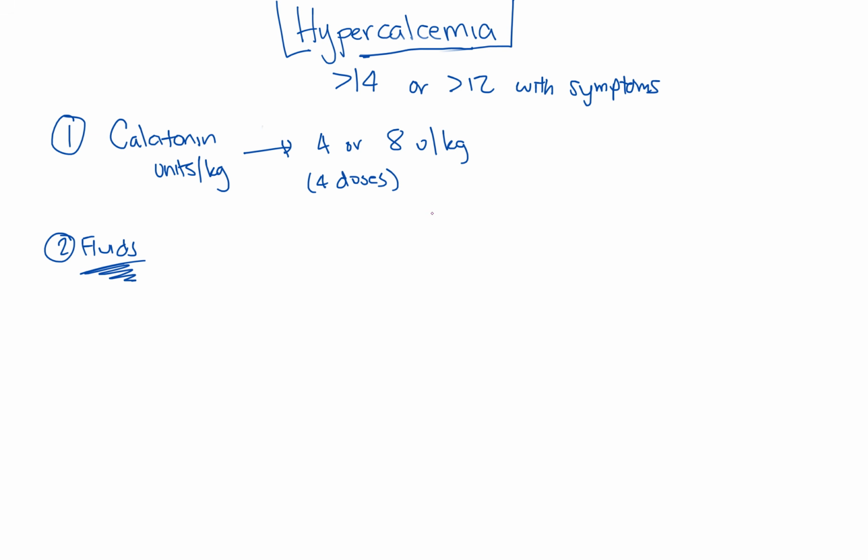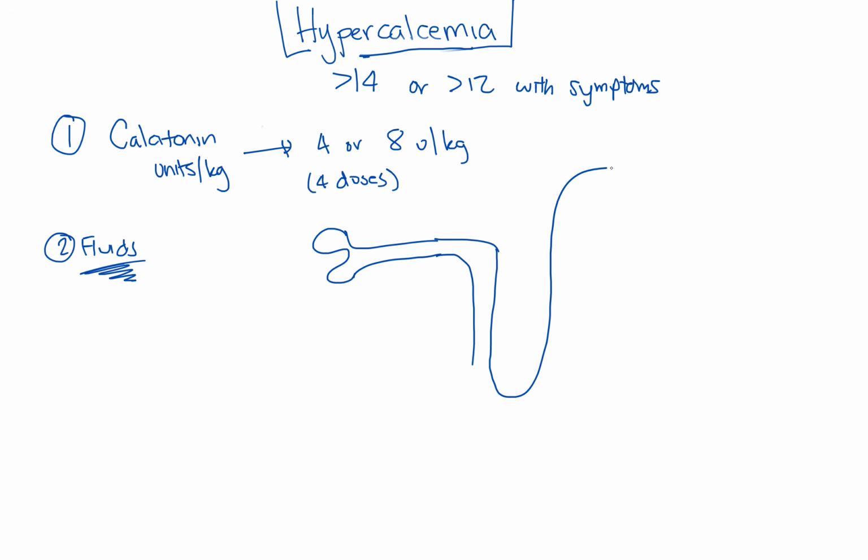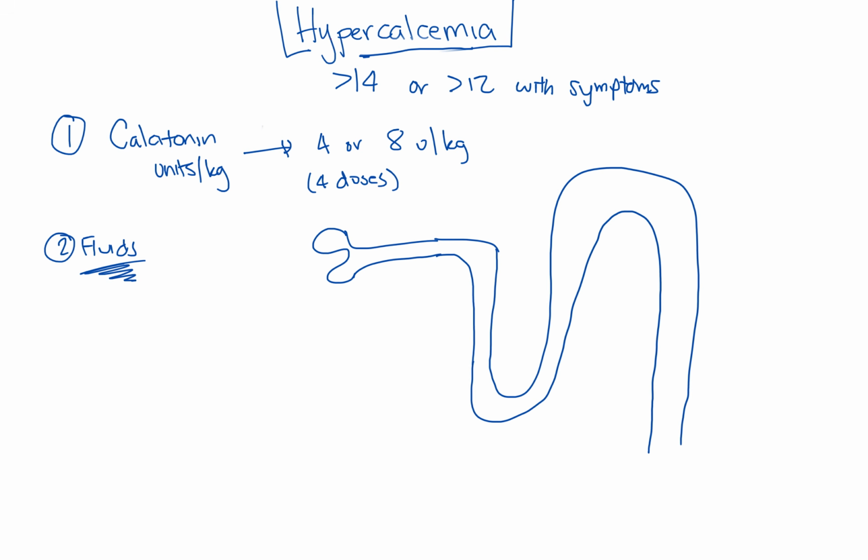Okay, and why do fluids work? And which fluids are we talking about? So, we mentioned that one of the mechanisms of hypercalcemia that leads to its own positive feed forward loop is that hypercalcemia leads to increased RAS activity. So, this RAS activity leads to increased sodium and calcium absorption in the proximal tubule.